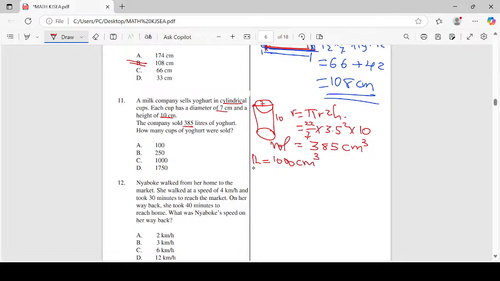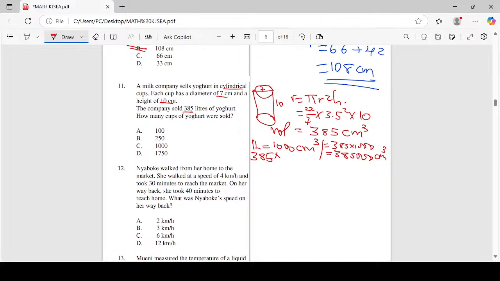What about the 385 liters that were sold? How many cubic centimeters are those? When you do cross multiplication, you get 385 multiplied by 1,000. So this gives you 385,000 cubic centimeters.